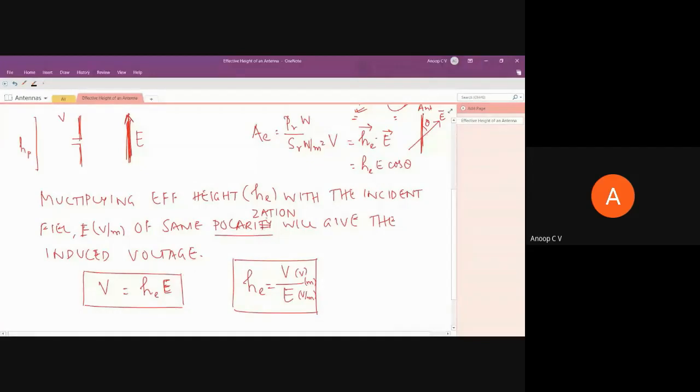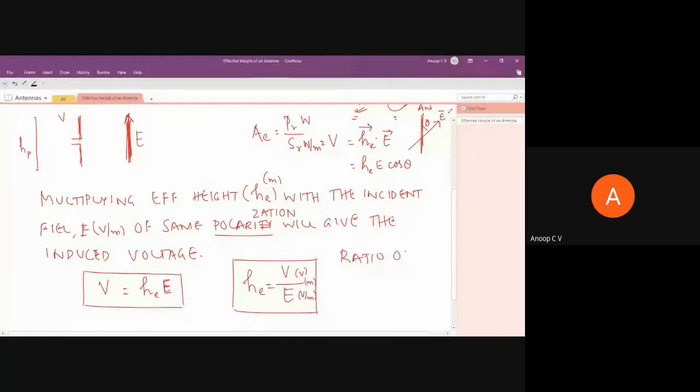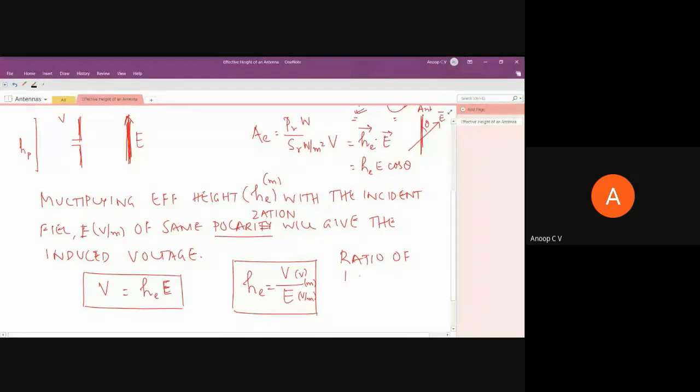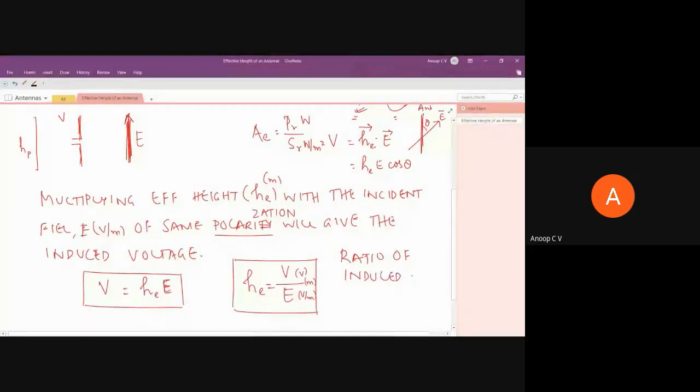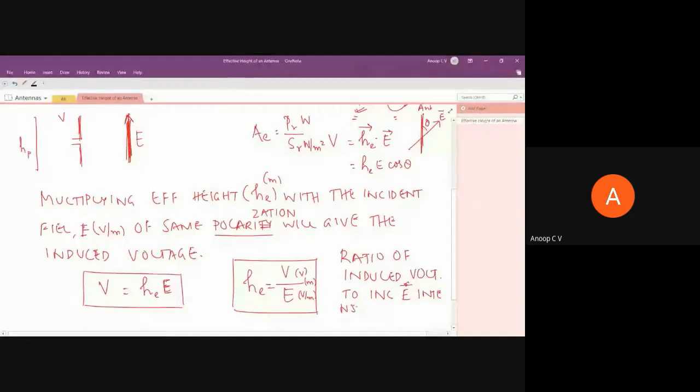The unit of effective height is meter, and it can be defined as the ratio of induced voltage to an incident electric field intensity. So this is how effective height is defined.